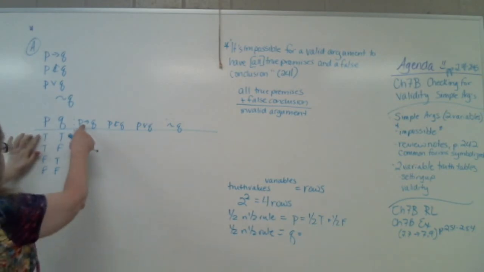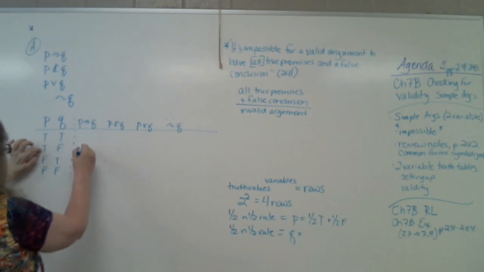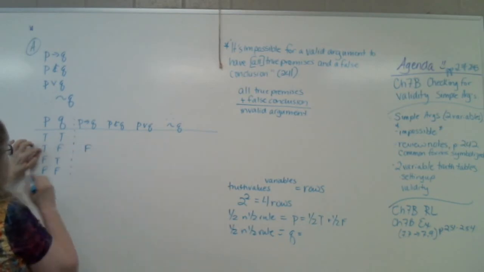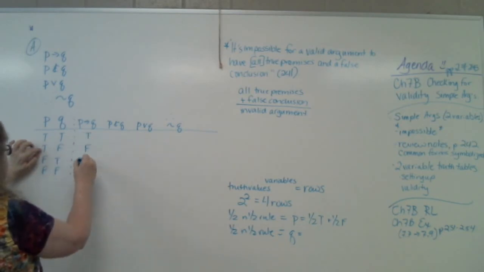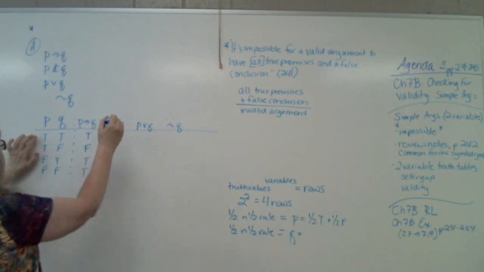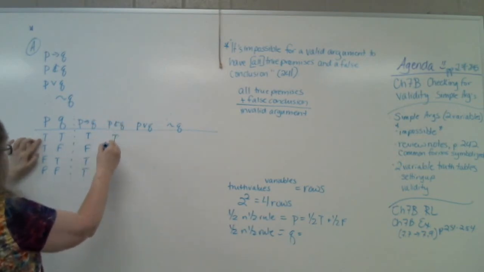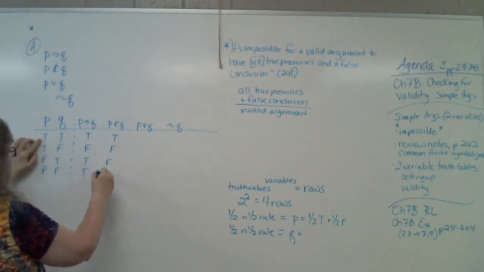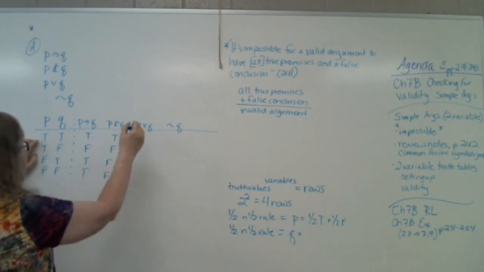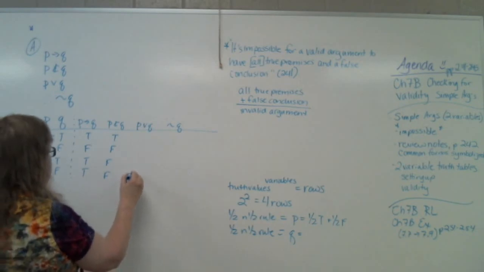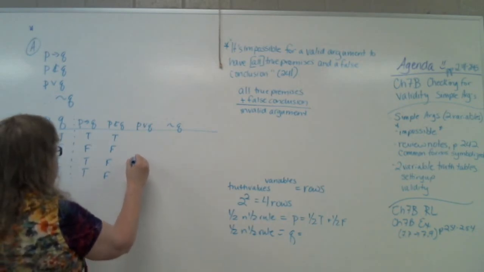I know for the if-then that this is my only false from my rules, so my other ones are true. For P and Q, I know this is my only true. For P or Q, I know two falses are my only false.